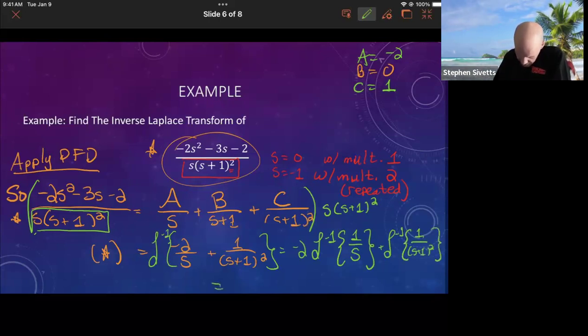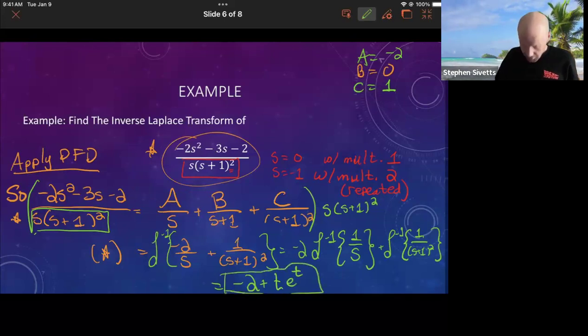And so this equals minus 2. And then the inverse Laplace transform of 1 over s plus 1 squared, if you take a look at your table, it'll be t times e to the t. That's your answer. Okay? So hopefully that made sense.